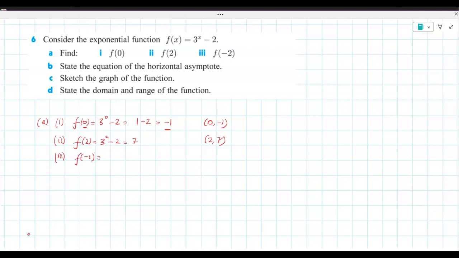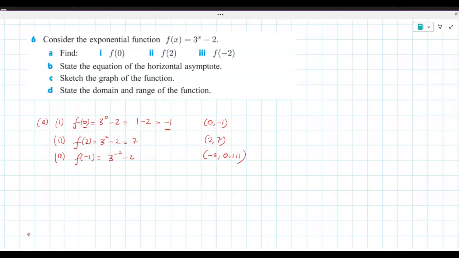f(-2), 3 raised to -2. In this you can use your calculator because it will come as a fractional value. 0.11. So what is the coordinate? x comma y. I still have to complete the minus 2. (-2, 0.111), but it's not done yet.